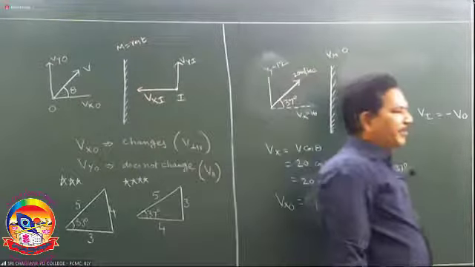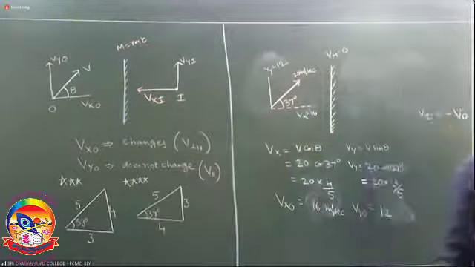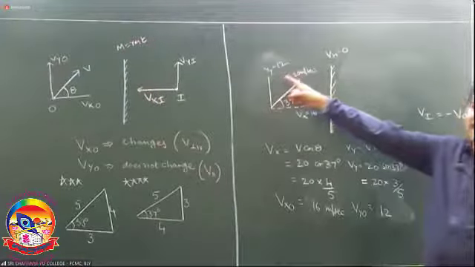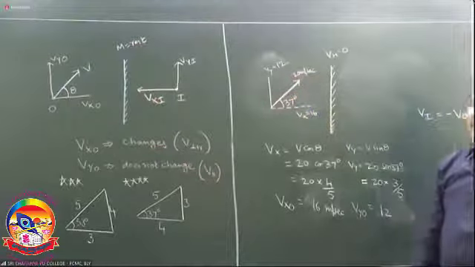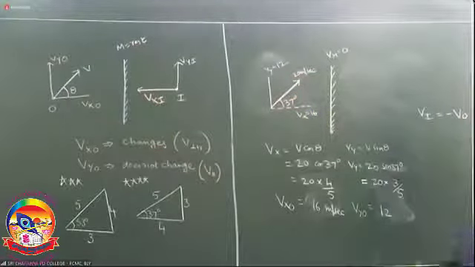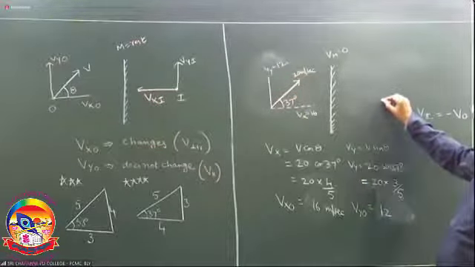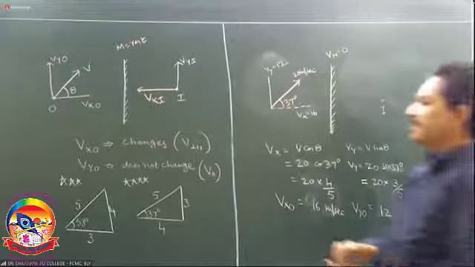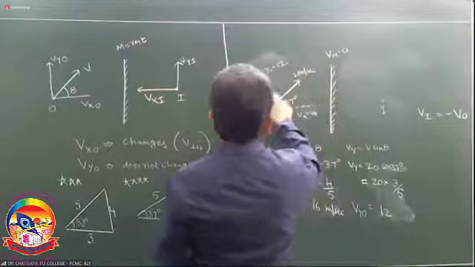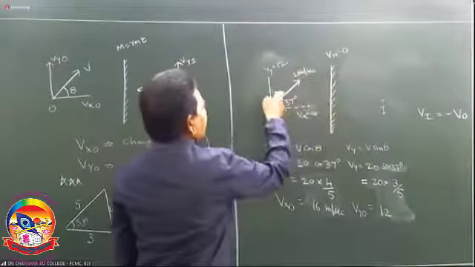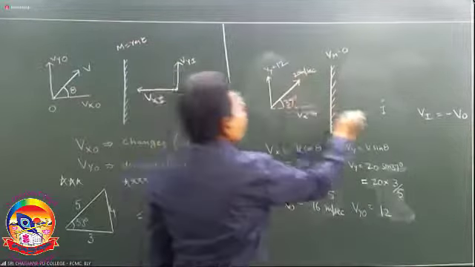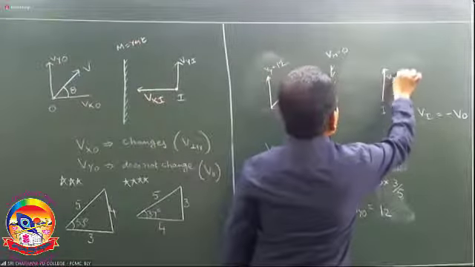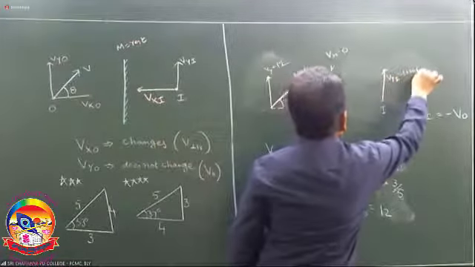So the Vx component is 16 and the Vy component is 12. Already we know the concept. If I consider this as the image, which component remains the same? Parallel to the mirror remains the same, in the same direction. So the image Vy is also equal to 12 meters per second.